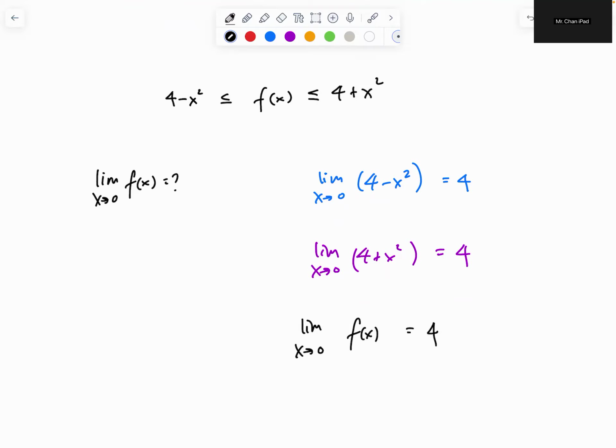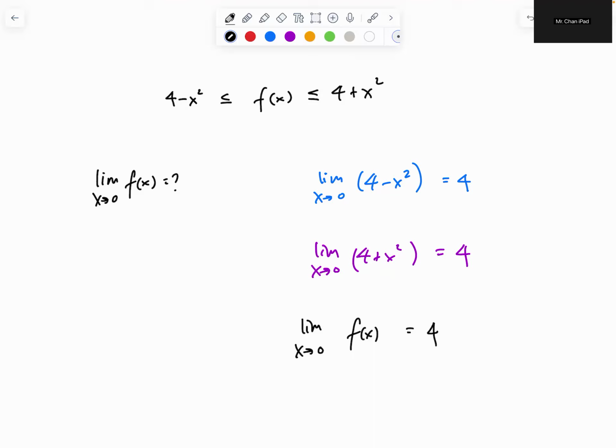But what I would like to show you is another kind of squeeze theorem problem. When you see squeeze theorem, it's quite likely that you might see some sort of trig functions involved.